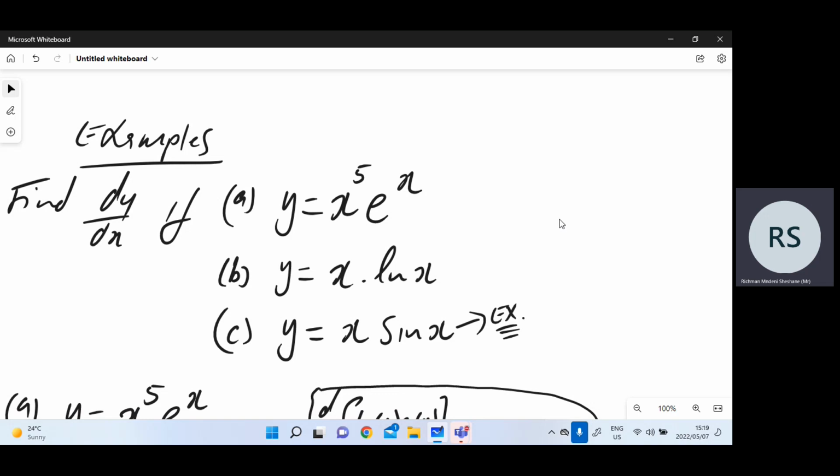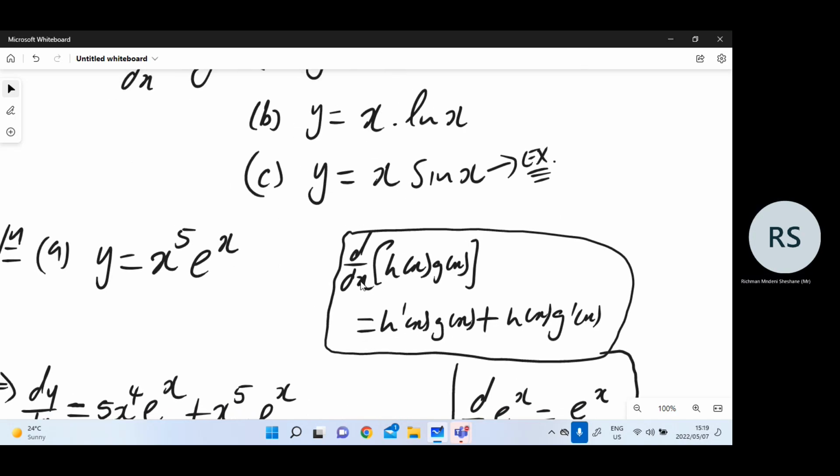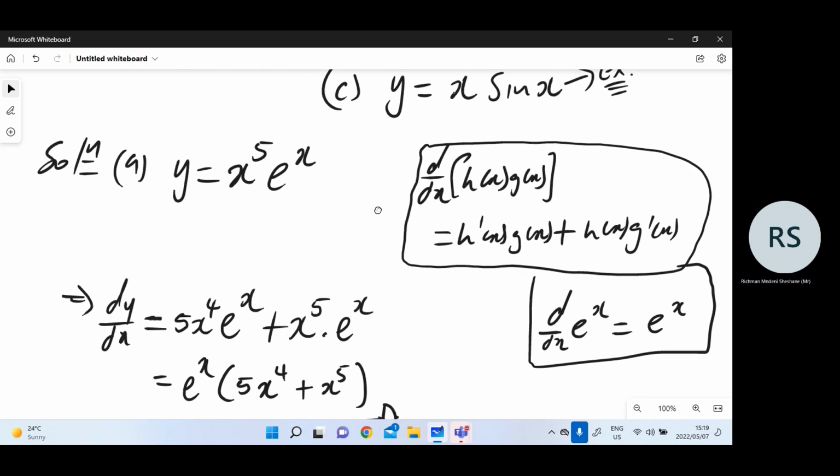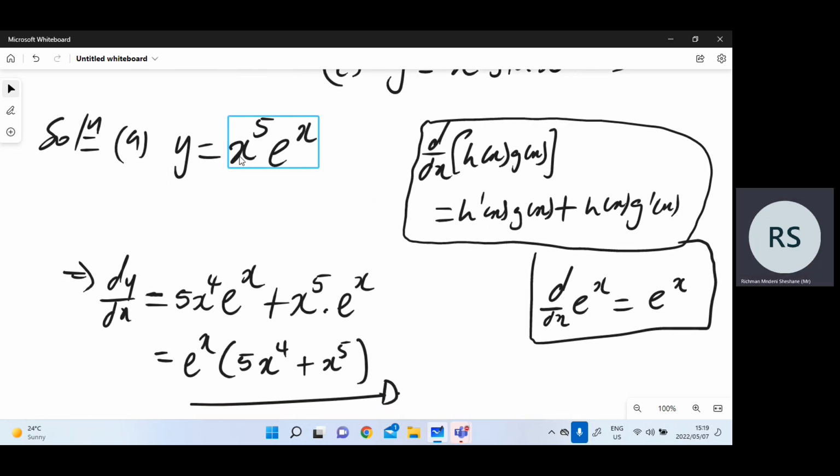So now I want to find the derivatives of these functions, okay? Let's start with A. I was given my function as x to the power 5 times e to the x.